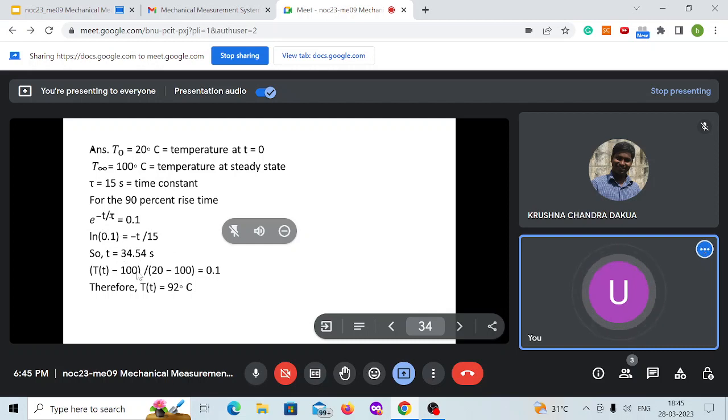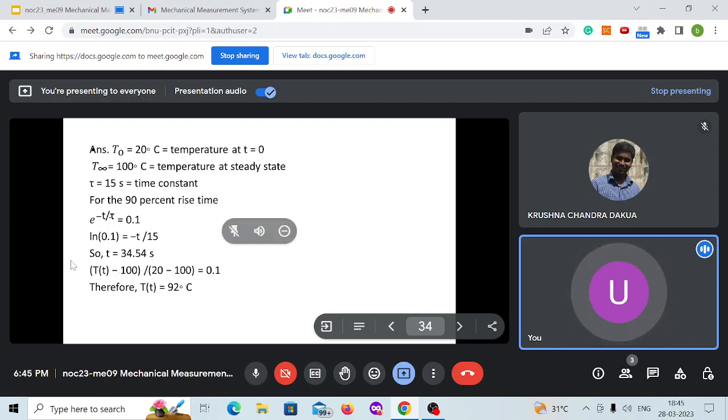And then to find what the temperature will be, we know the error is 0.1. We take the difference at that time divided by the maximum difference, the difference at t equals 0.